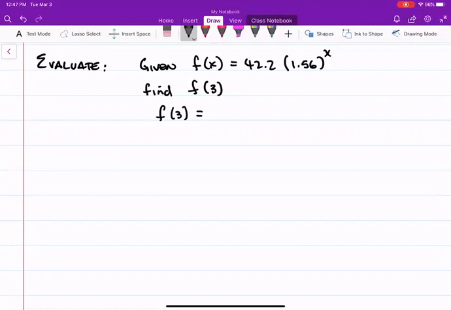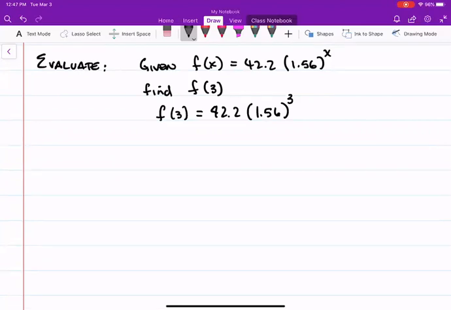Everybody's just pulling their calculator. So you would replace the x with the 3, right? So it'll be 42.2 times 1.56 raised to the third power, right? So what do I do first? Do I multiply first, or do I raise it to the power first?